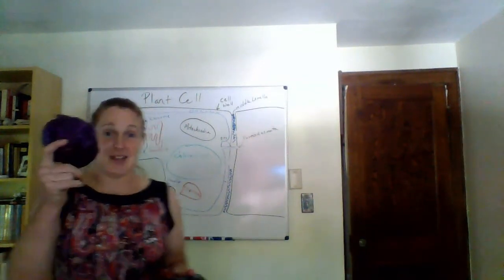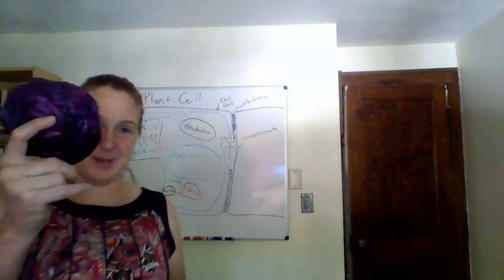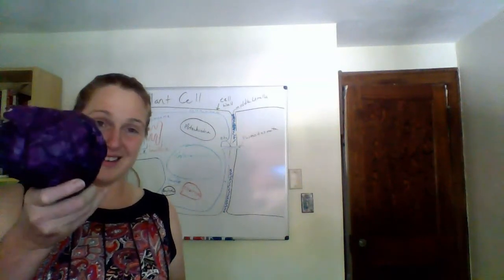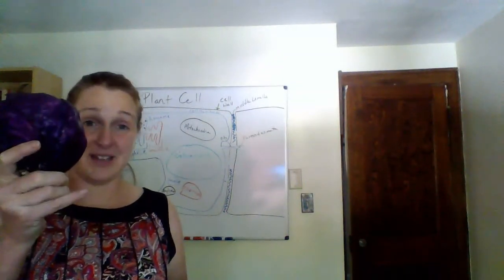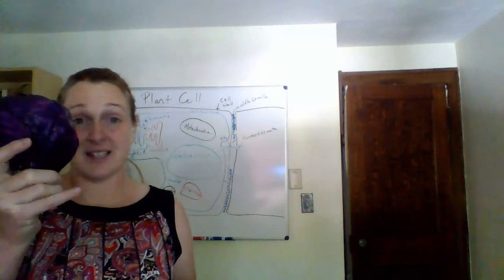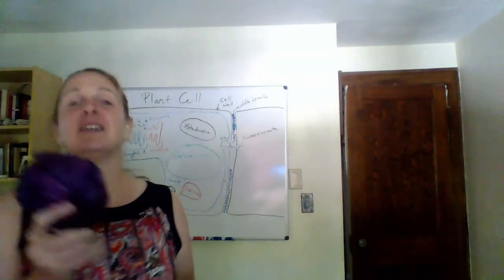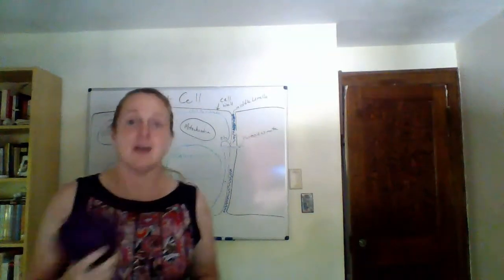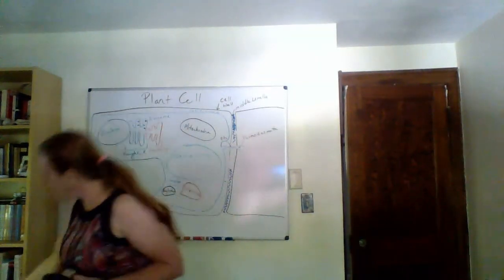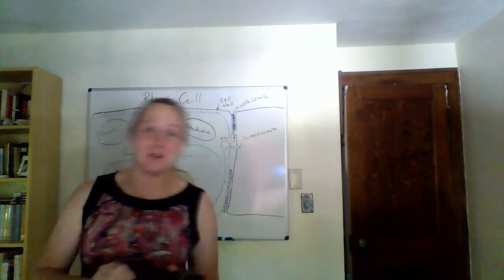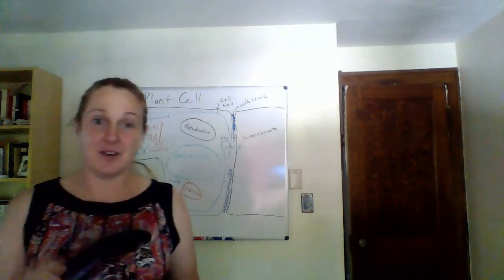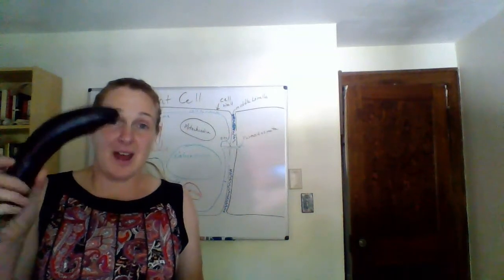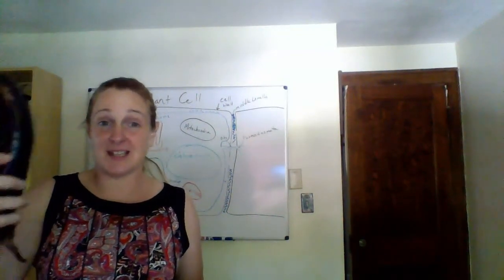So in lab, you're going to be dealing with the purple cabbage. And that purple color tells us that not only do we have anthocyanins, but that those anthocyanins inside of the cells are going to be registering that the cells are a little bit alkaline, a little bit base on the pH scale. Some other amazing things you may not have thought about that also have anthocyanins will be things like the eggplant.